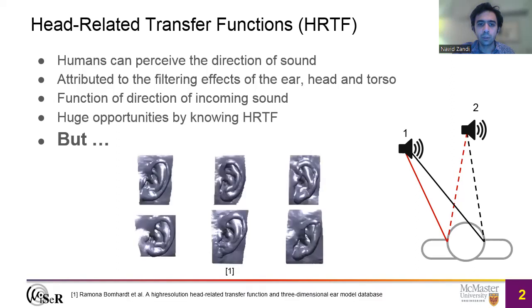As an example, here is a 3D scan of ears of 6 different subjects, and you can see the difference in the shape and size. Moreover, as you saw here, for sounds in position 1 and 2, HRTF is direction dependent. So if I want to use the HRTF of a subject for a specific application, I need to know it for all the desired directions in space.